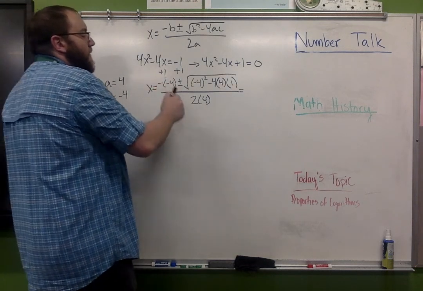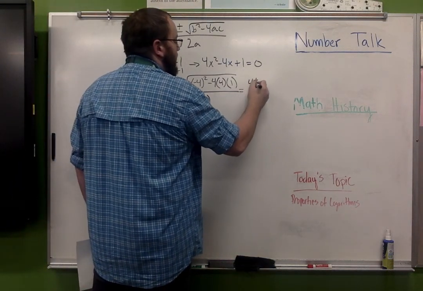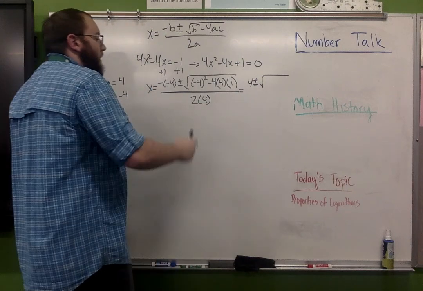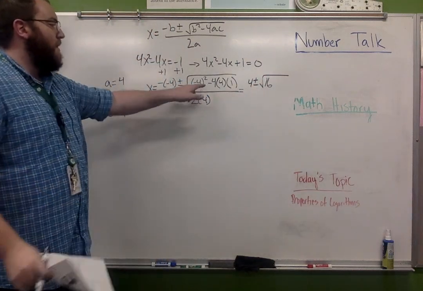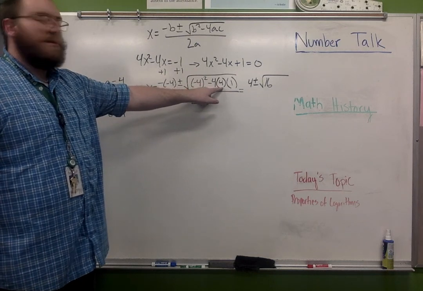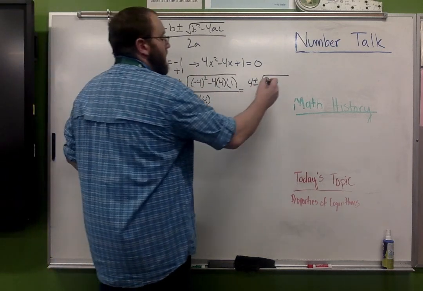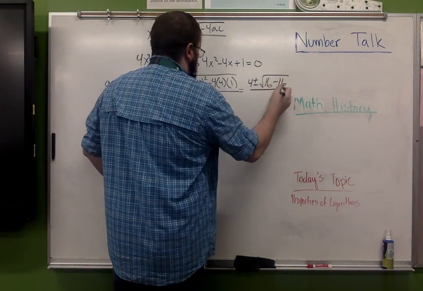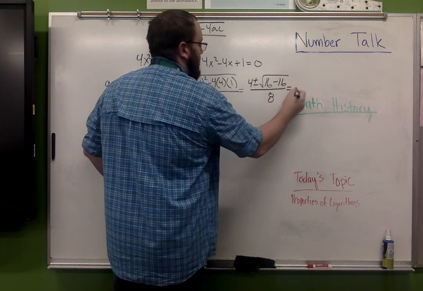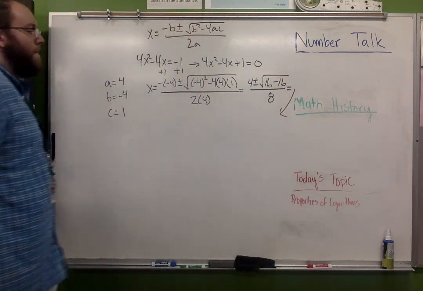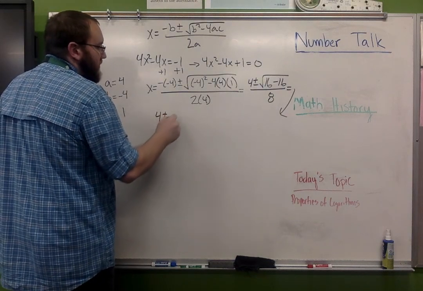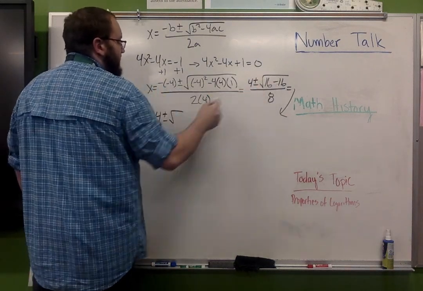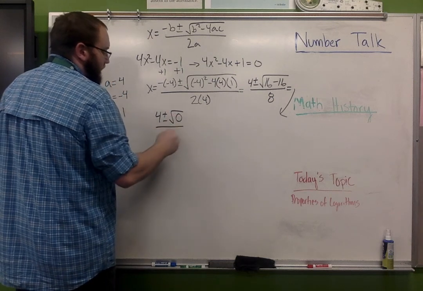Okay, a negative and a negative is a positive, so we got positive 4 plus or minus the square root. Negative 4 squared is 16. Negative 4 times 4 is negative 16, times 1 is negative 16. All over 8, 2 times 4. And then we have 4 plus or minus the square root of 16 minus 16, which is 0, over 8.